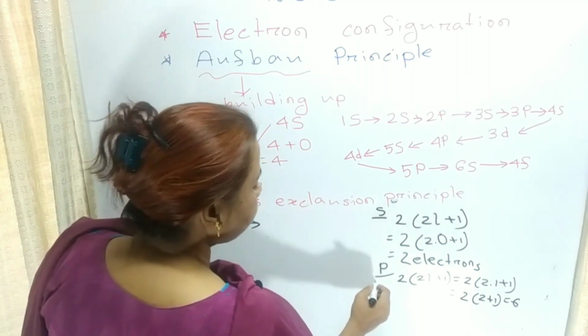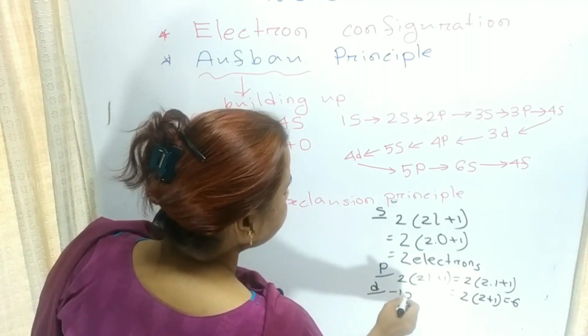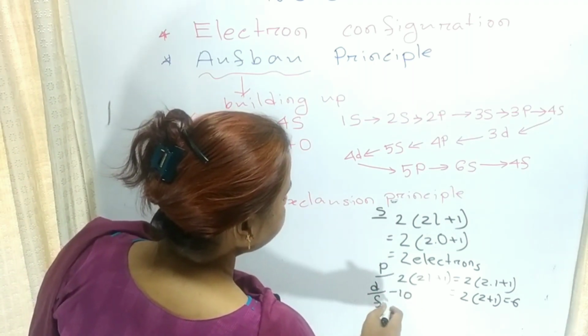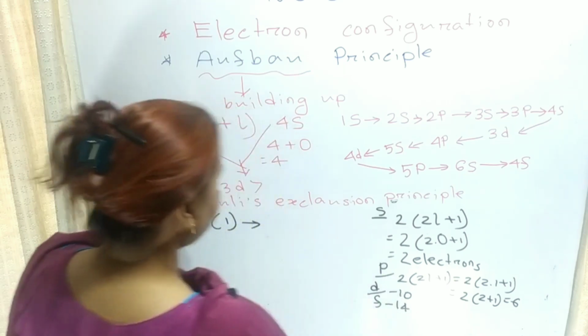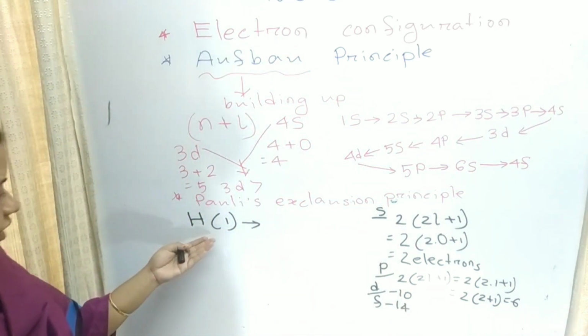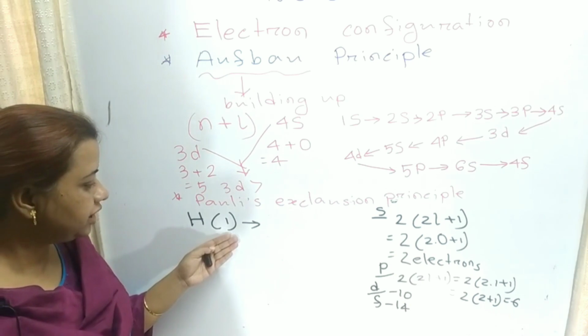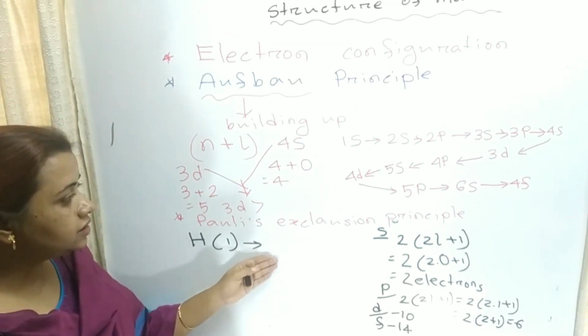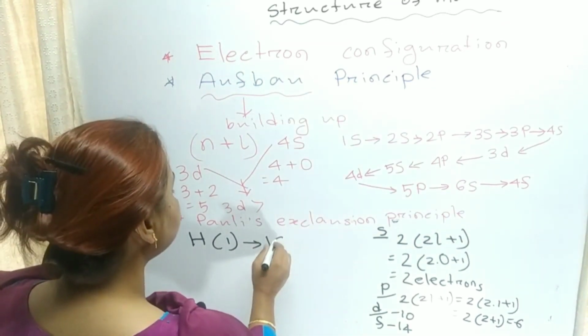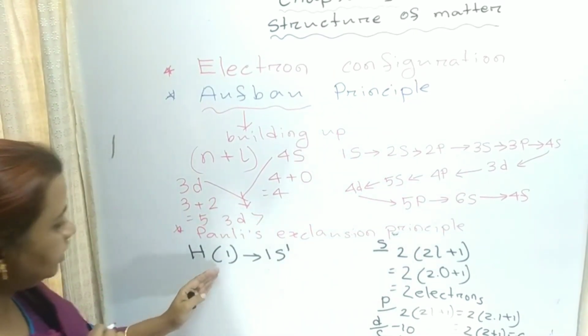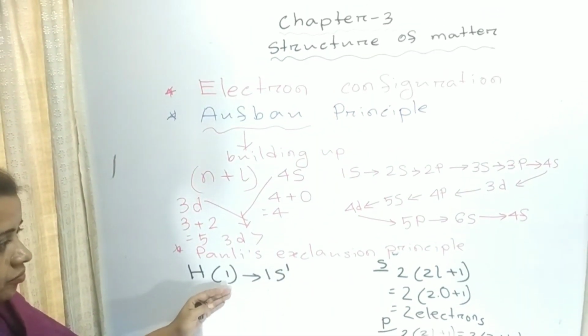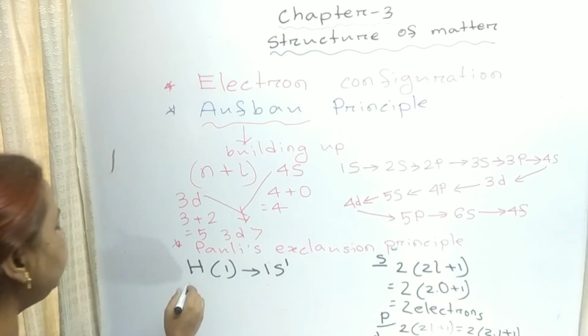Like this way, in case of d, total 10 electrons, and in case of f, total 14 electrons can exist. So, in case of hydrogen, electrons will enter into 1s orbital, 1s1, as hydrogen has only 1 electron. Then come to helium.